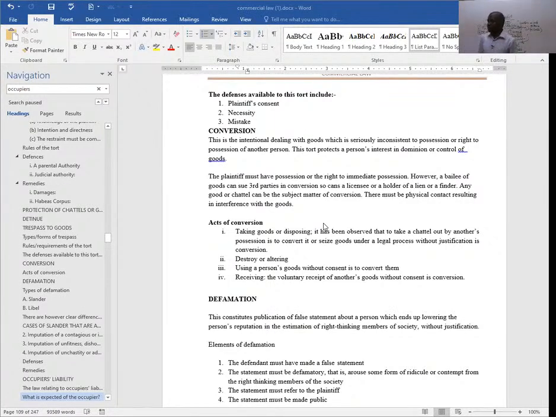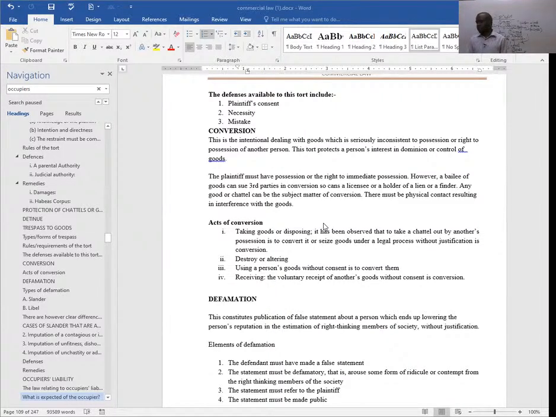The statement must refer to the plaintiff. So before Anne takes me to a court of law for defamation, Anne should clearly be the plaintiff, the one who has been accused. The statement was made about Anne, and if the person who ends up in court is Elijah, the statement was not about Elijah, it was about Anne. So Anne should be the plaintiff who comes before the court.